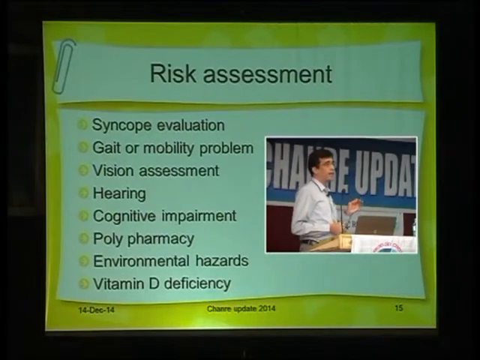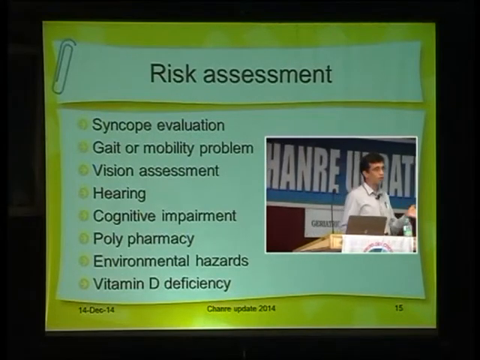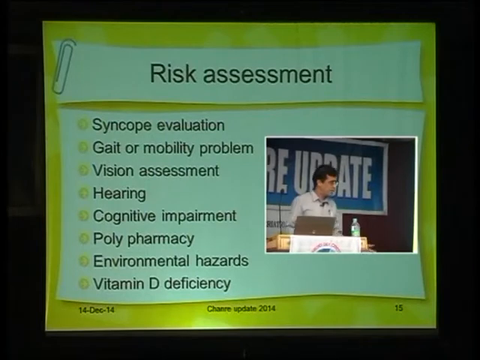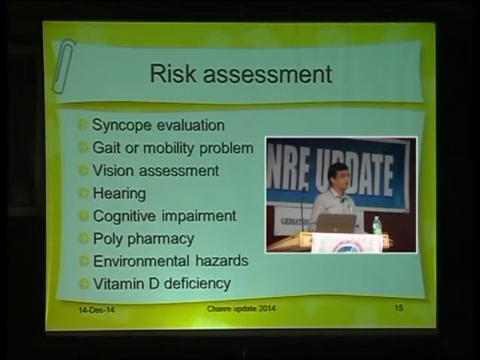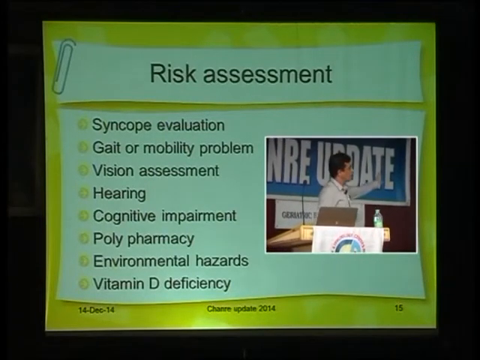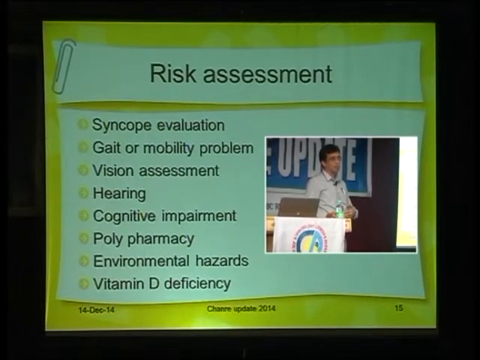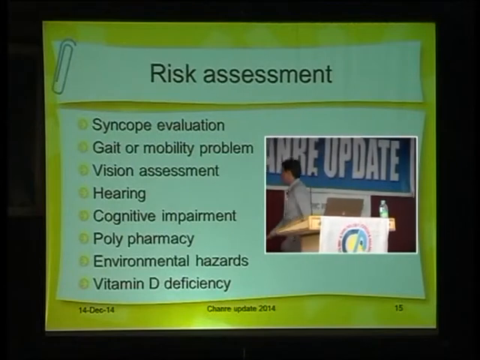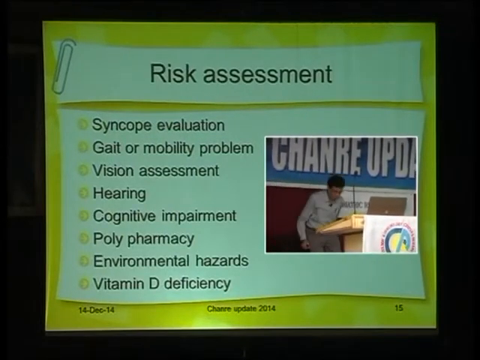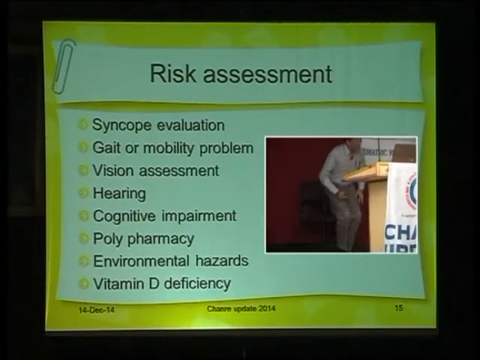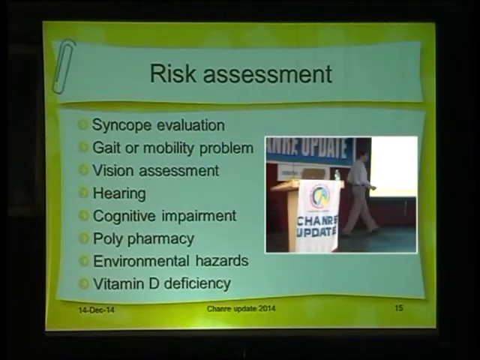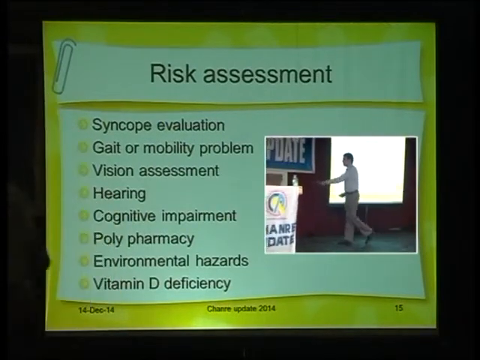A simple test which you can do in the clinic is the get up and go test. If the patient is sitting in your consulting chair, ask them to get up, walk 6 or 7 steps, turn and come back. If I can demonstrate, the patient is sitting here, ask them to get up, walk about 6 or 7 steps, take a turn, go back and sit in the chair.